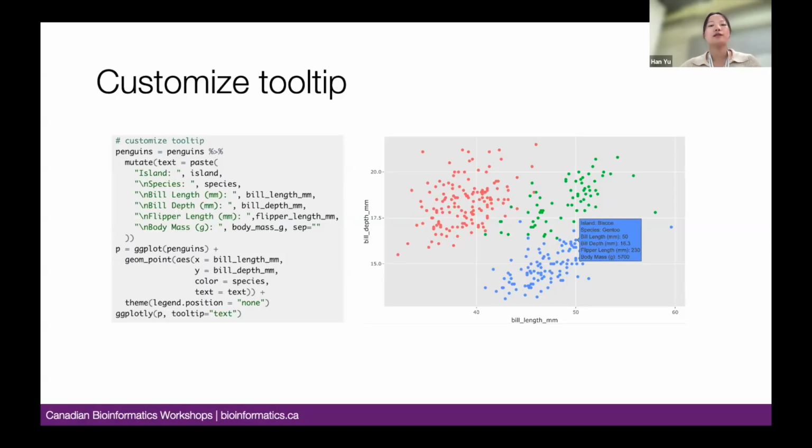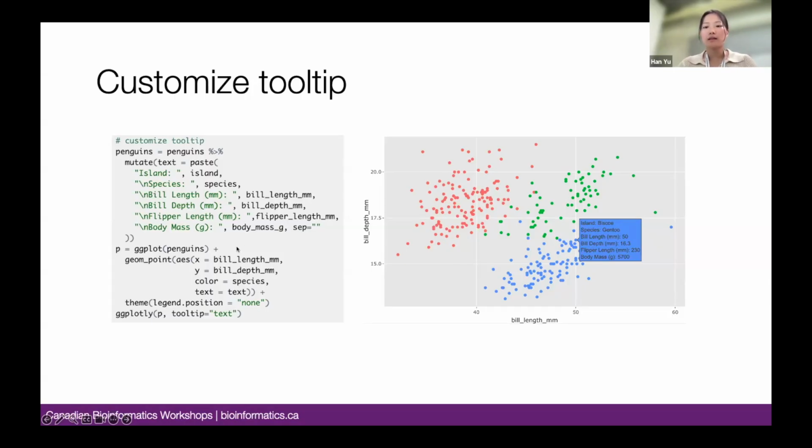To do this, we first create a custom text column that includes all the information we want to display. Besides the island and species, bill length, and bill depth, we can also show other information of the data point, like the flipper length and body mass.